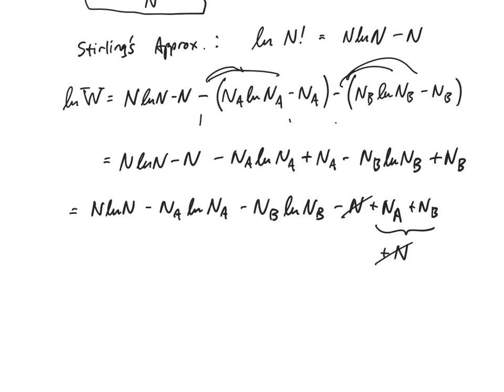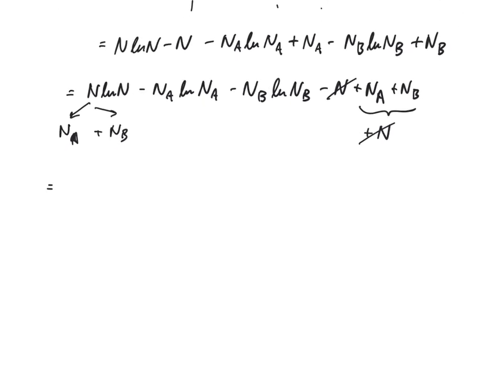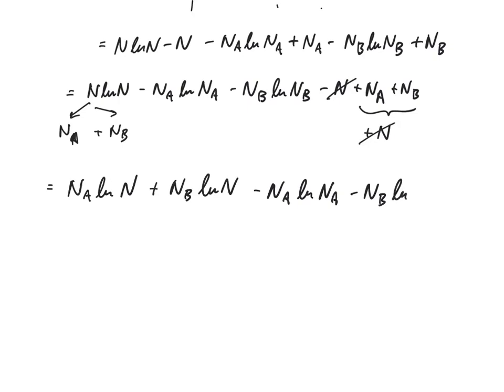Okay, the next step is to split this n into NA plus NB. So let's go ahead and write that out next. We get NA log n plus NB log n minus NA log NA minus NB log NB.